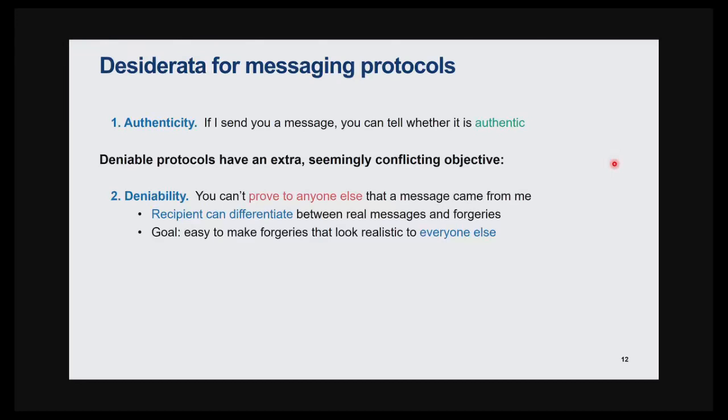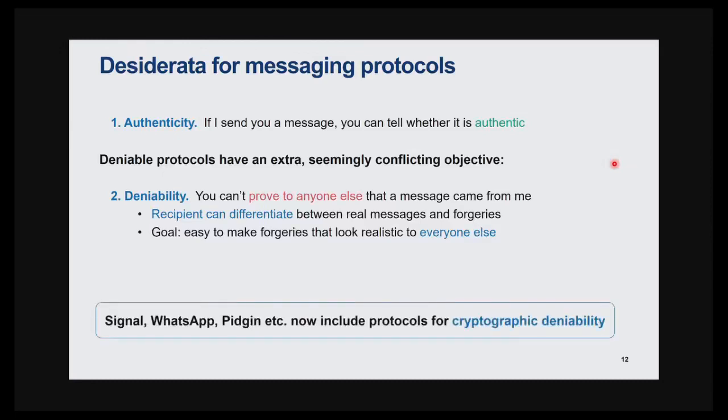And a third-party verifier won't be able to tell the difference between a genuine transcript and a fabricated transcript. And Lachlan will later show you how this is done. So Signal, WhatsApp, Pigeon, and many of these modern messaging protocols do support deniability in this sense using cryptographic mechanisms, right? So this is widely available these days.